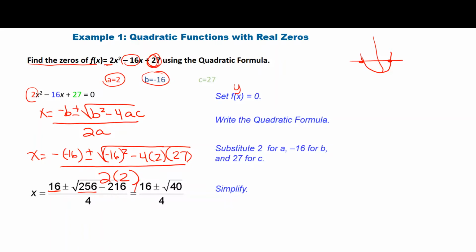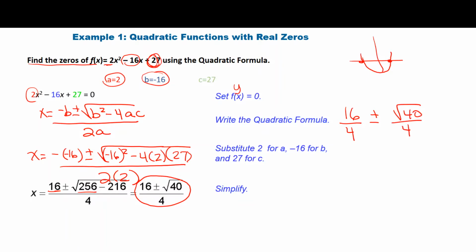Okay, so we end up with this piece, 16 plus or minus square root of 40 over 4. Well, that actually can be simplified even more. So let's take a look at it. 16 divided by 4 plus or minus square root of 40 divided by 4.